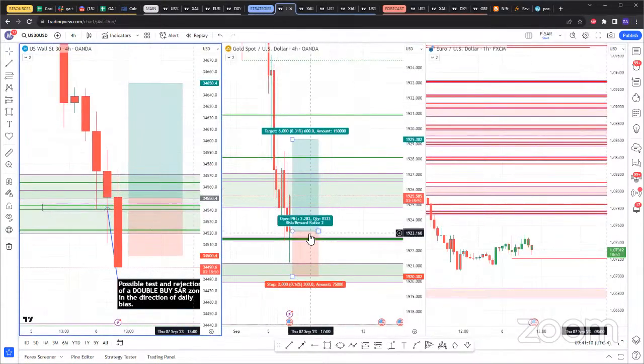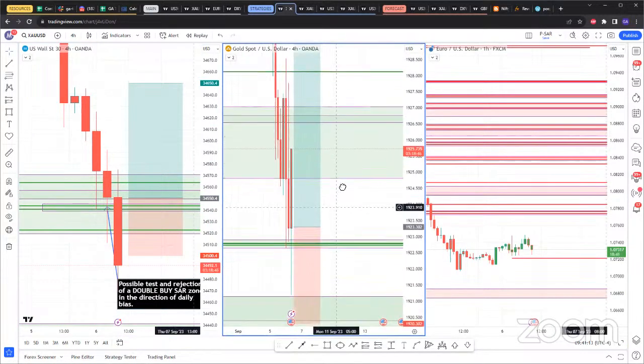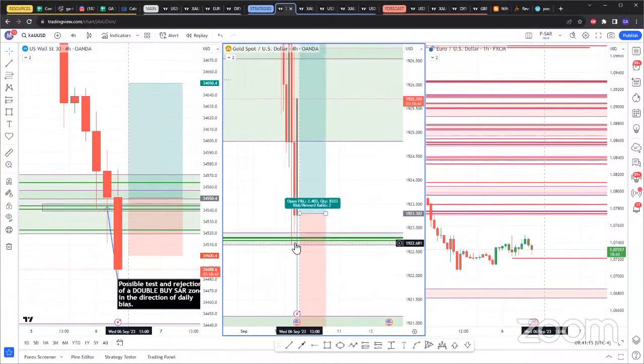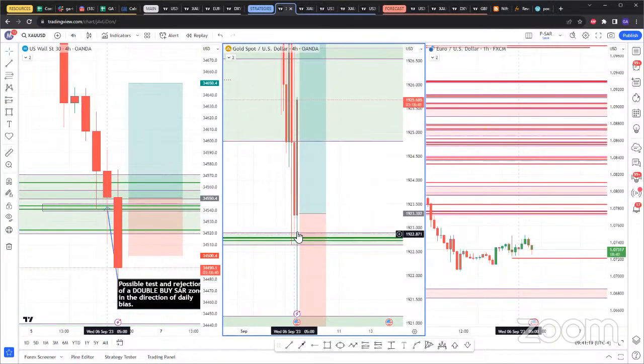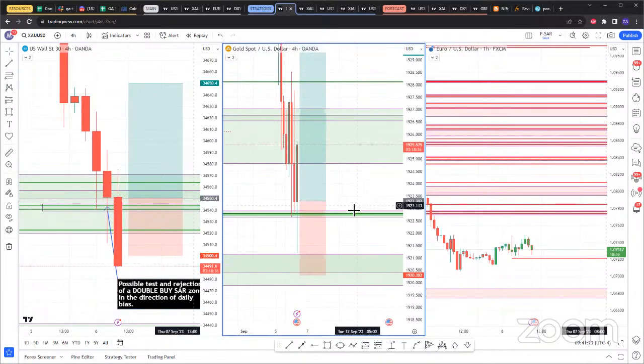So the other one is gold. Gold here, this almost was a test and rejection entry, but you can see the rejection candle did not necessarily come all the way down. So that was another entry I was looking to enter, but unfortunately it did not validate there.